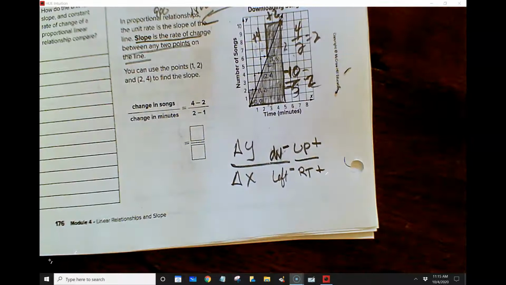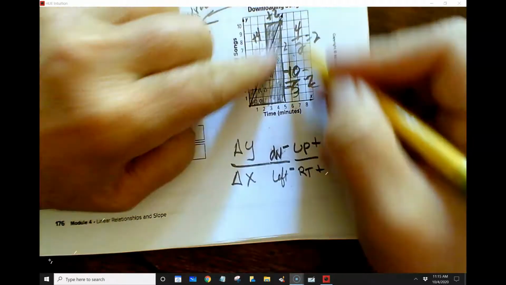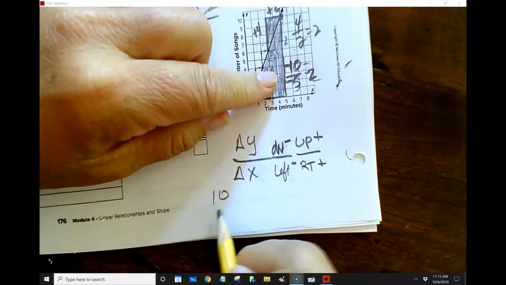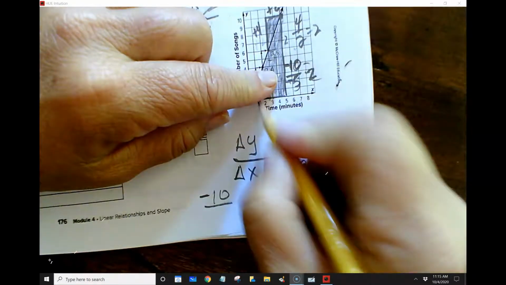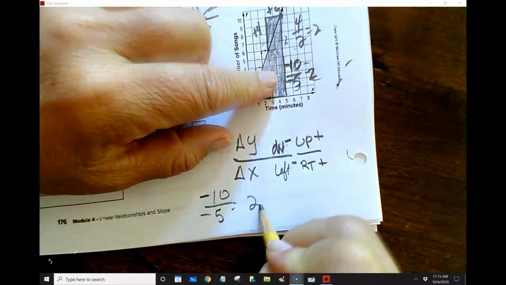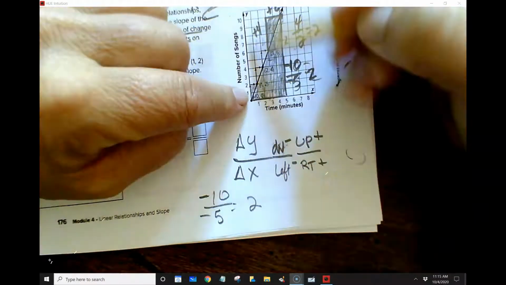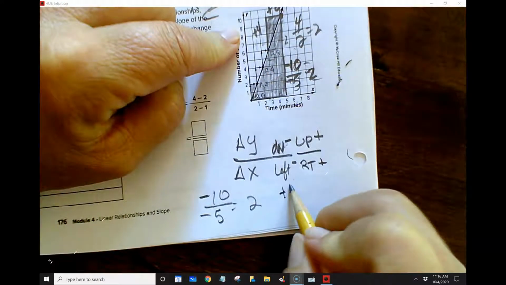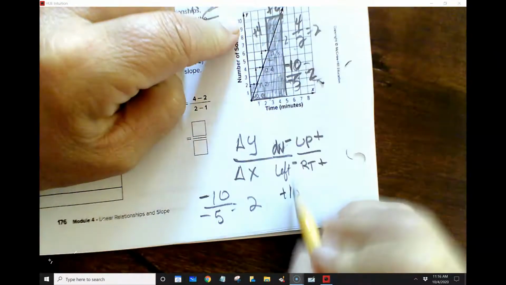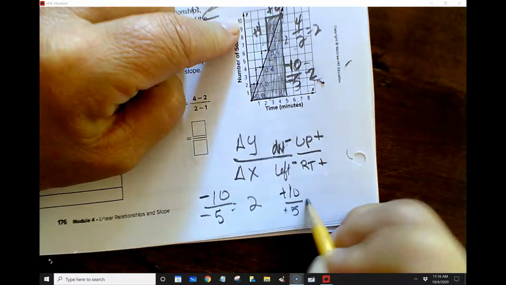If you write that by the number, for example, if I went down 10 units and I went to the left 5 units, that's a positive 2. By the same token, if I went up 10 units, the different direction, and to the right 5 units, that's still a positive 2.